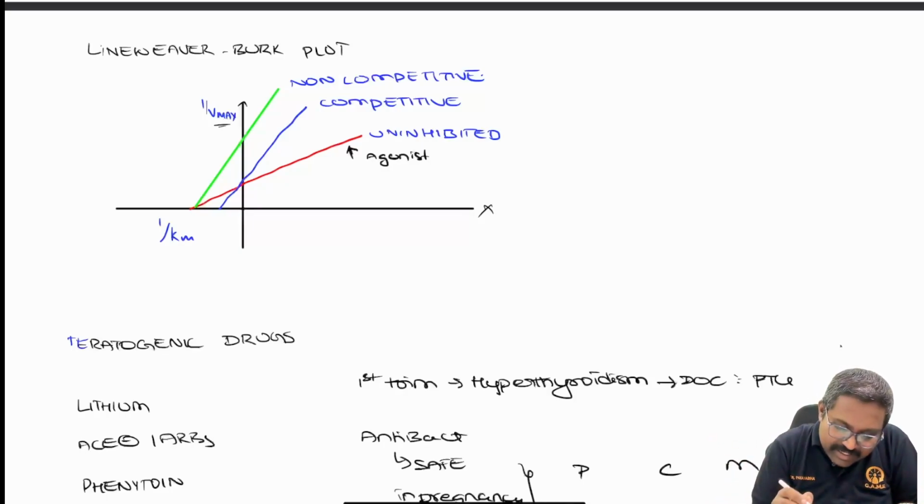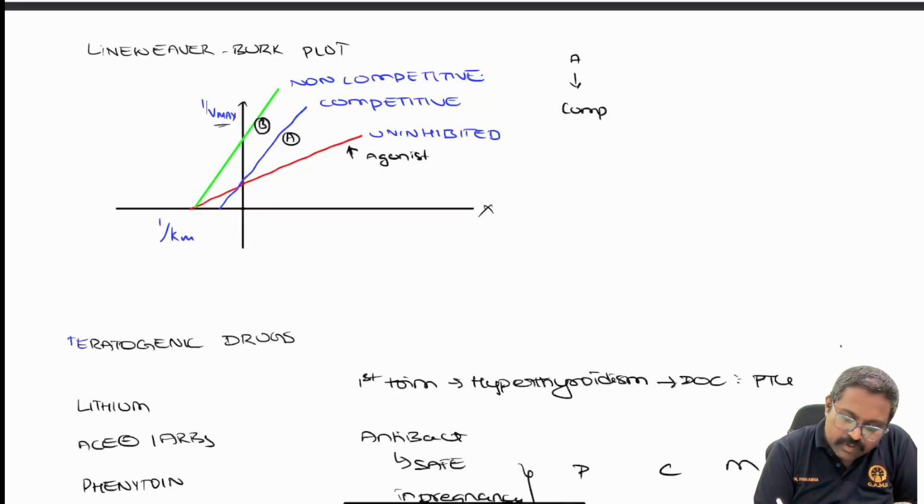So if they plot this graph and ask what is A and what is B, here A is a competitive antagonist.